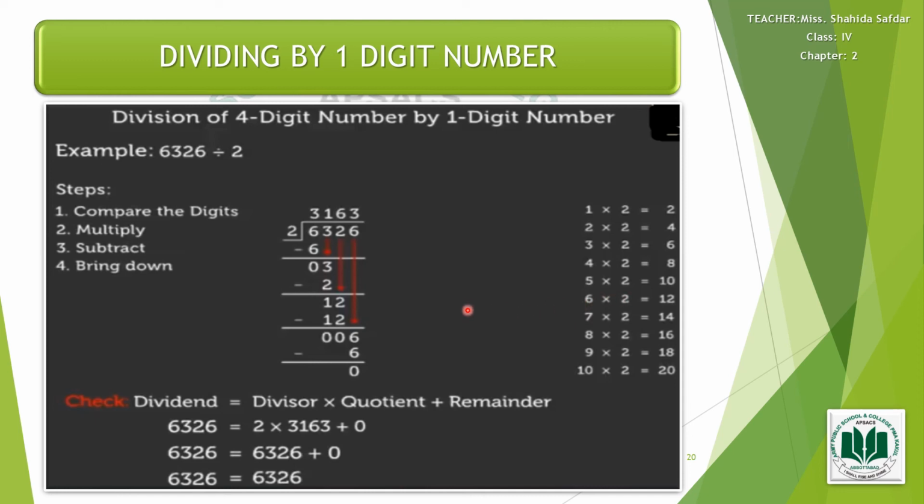So we write 6 in the quotient and 12 under the 12. Again we subtract 12 from 12. The remainder is 0. So we bring down 6.